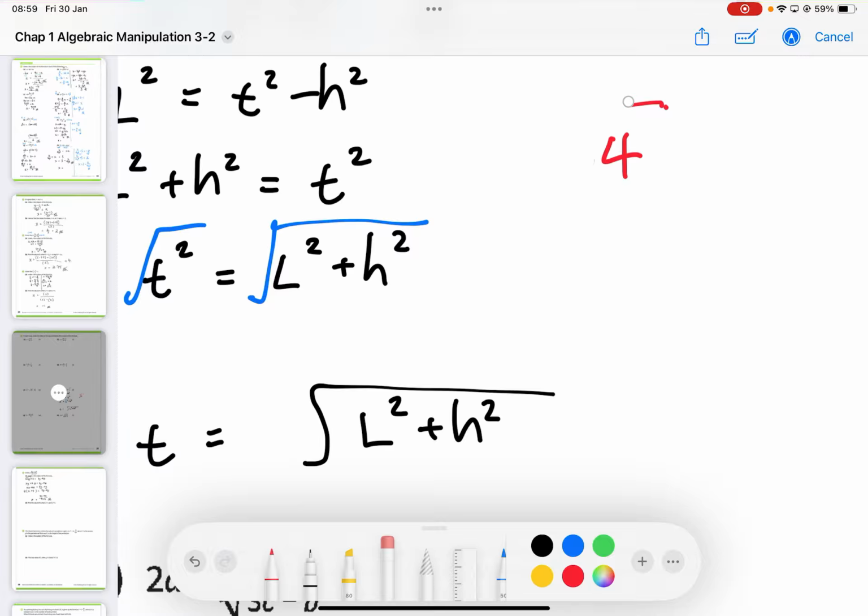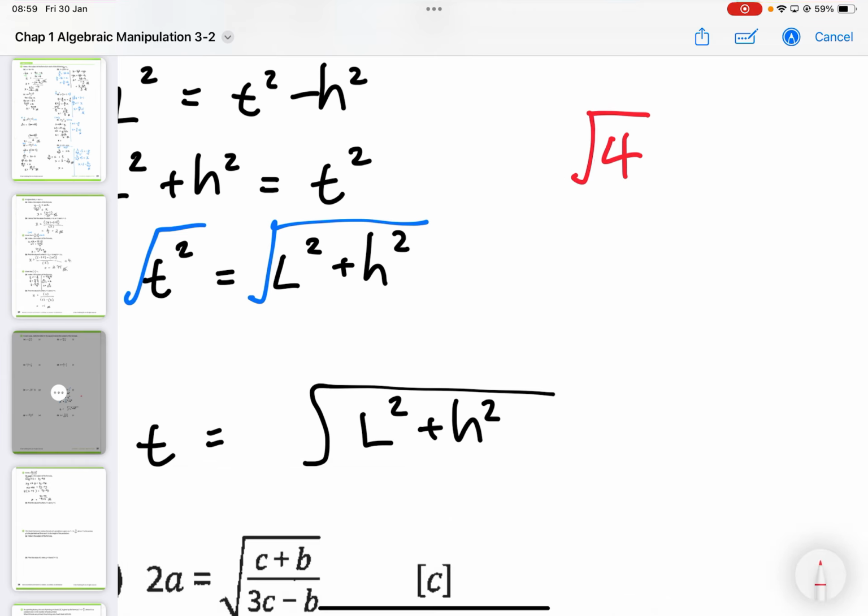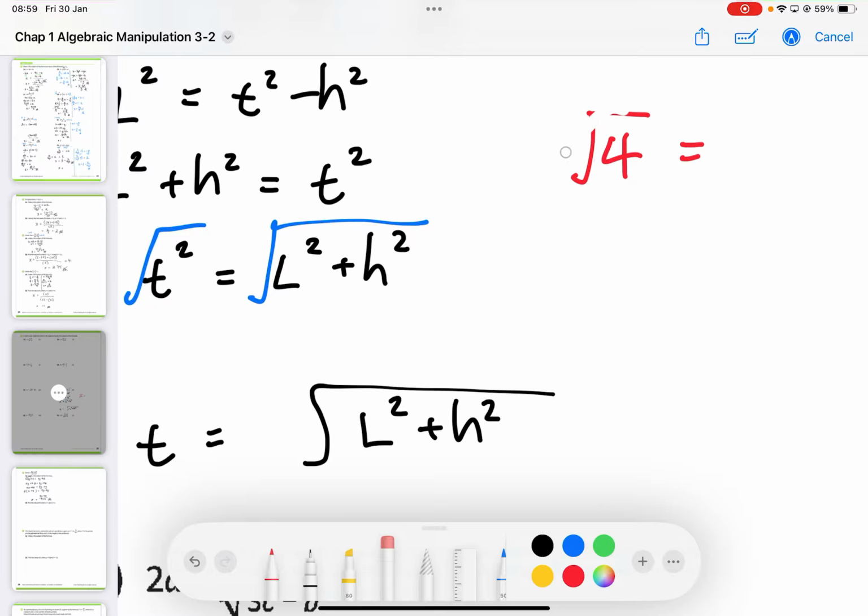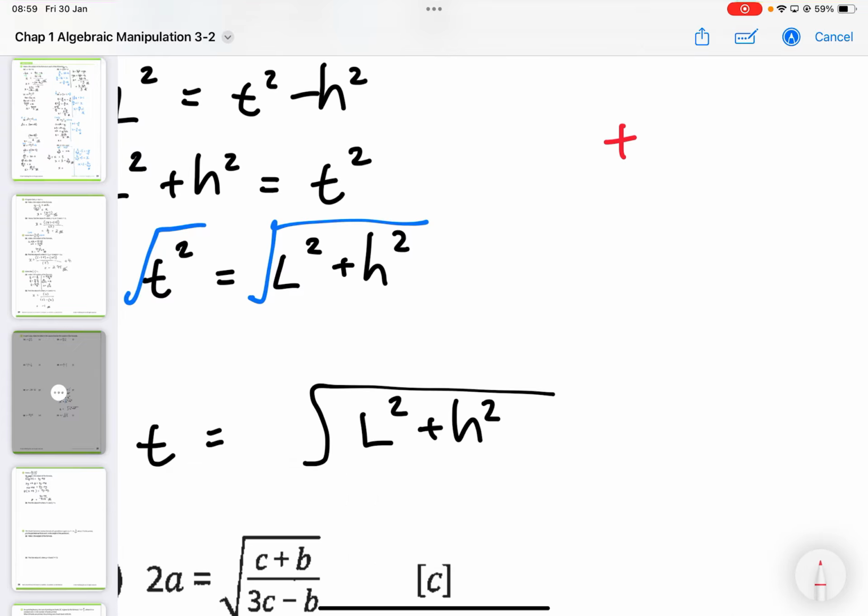So if I want to square root 4, the possible answers are, how do I get positive 4? The possible answers are plus 2, multiply plus 2, they will also give me 4.